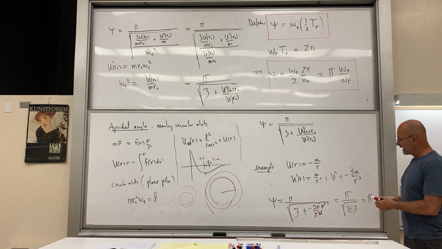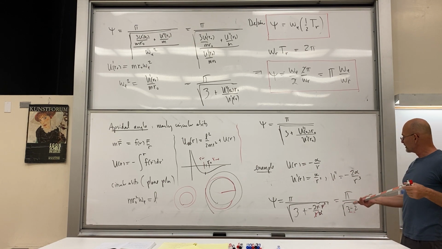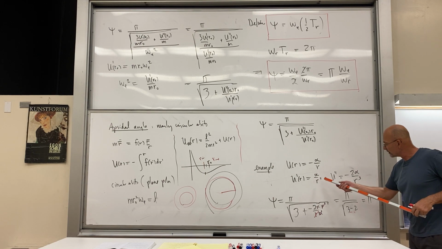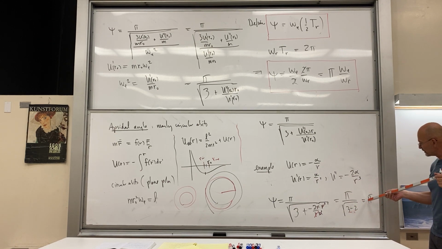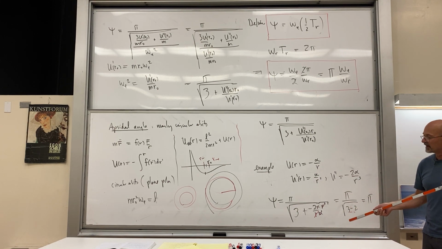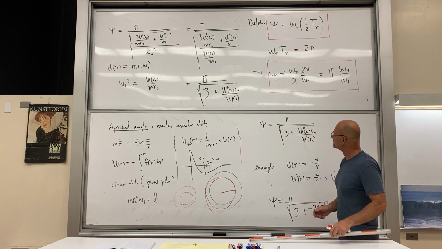But you can also see now that inescapably, as soon as you're away from this strict 1 over r potential, you're going to be away from this strict 3 minus 2 equals 1, and you're going to start having these small differences in the angle.